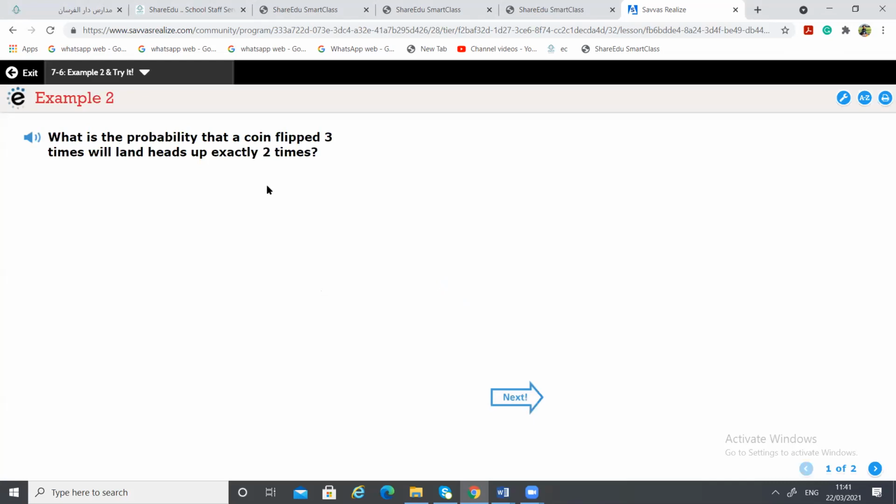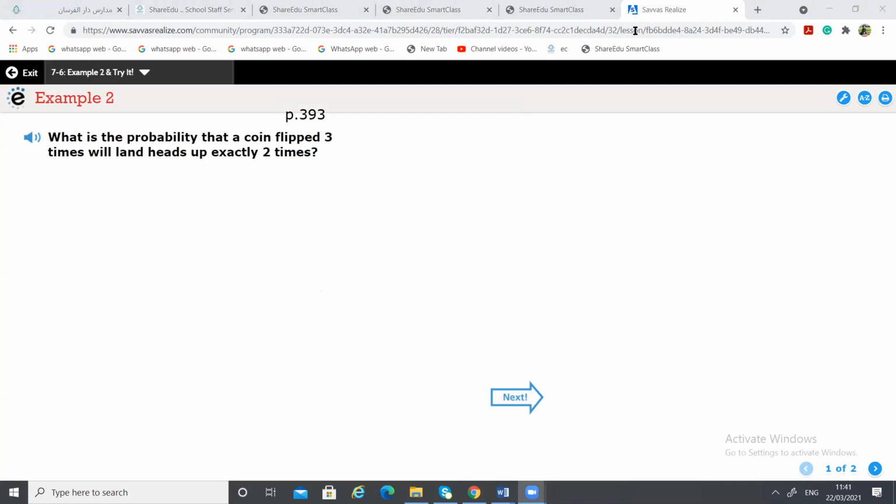That is page number 393. You can see the same question here. Page 393. What is the probability that a coin flipped 3 times will land head up exactly 2 times?